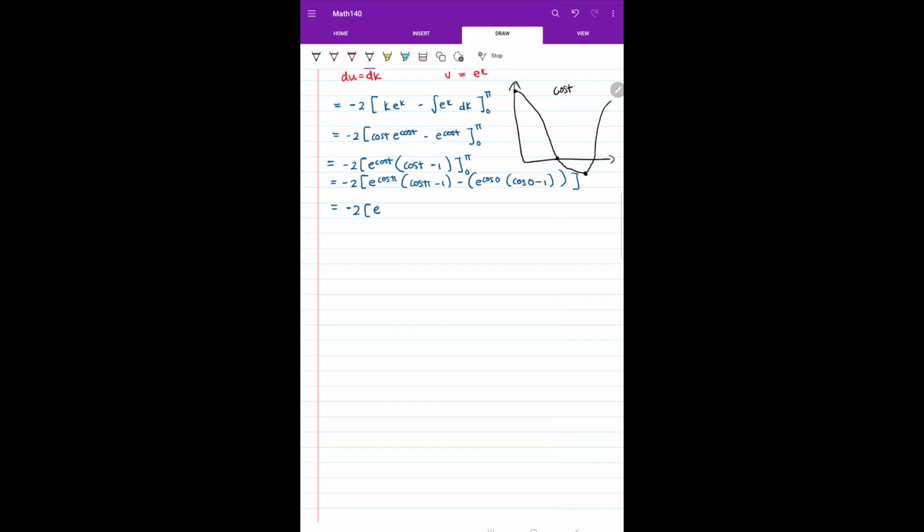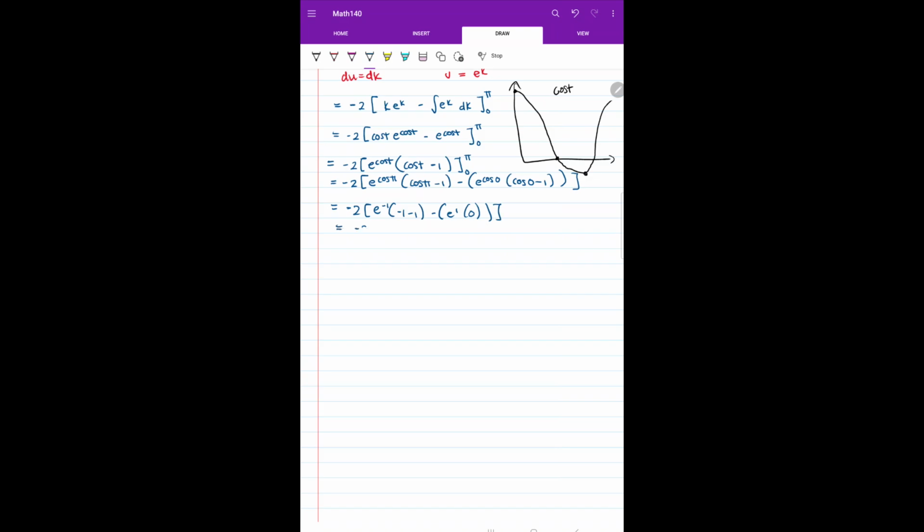So this is going to be e to the minus 1 times cosine of pi minus 1, minus e to the 1 times cosine of 0 minus 1. Cosine of 0 is 1, minus 1, that's going to be 0 going into that.